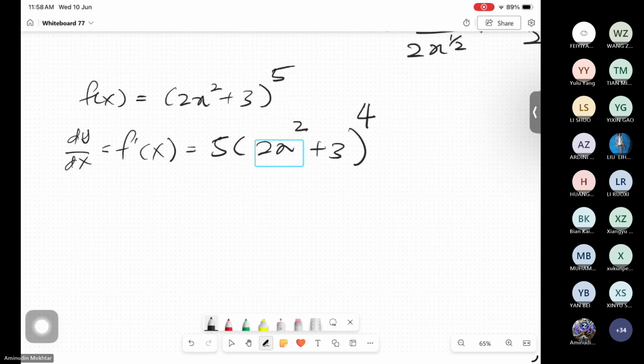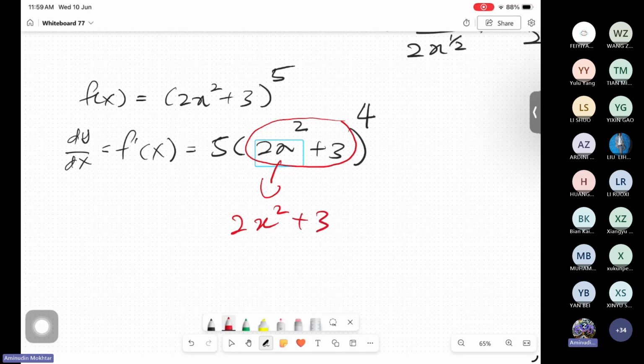So we have just differentiated from the outside, getting the first derivative by using the power of x. But remember, in this bracket we have another expression, 2x squared plus 3.